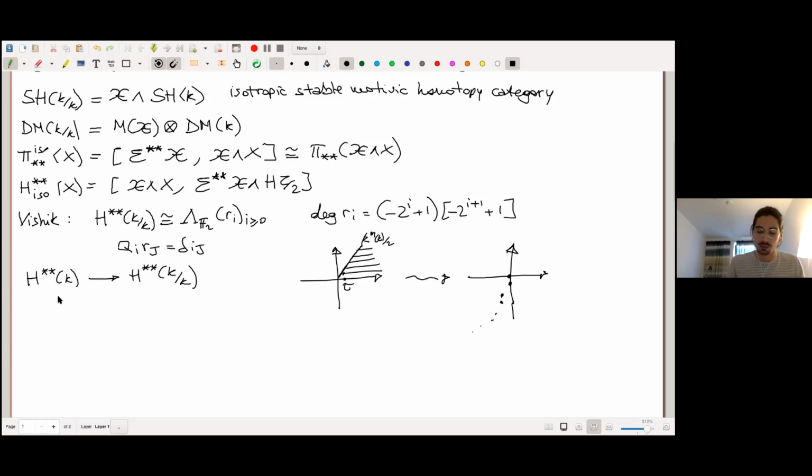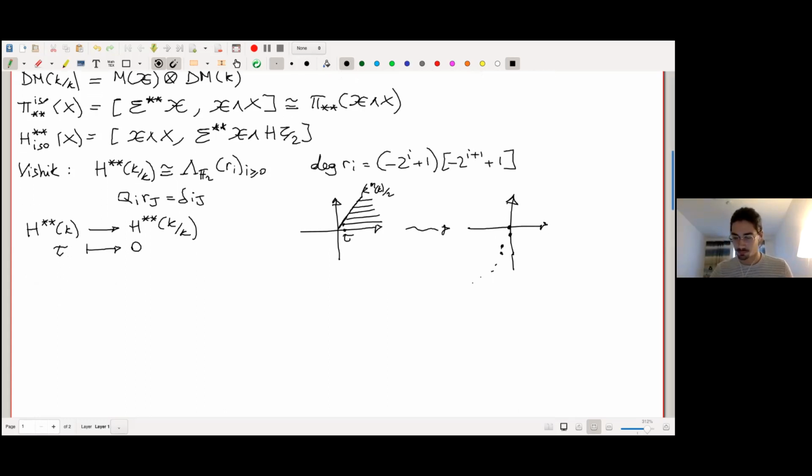So in particular, tau is sent to 0. This isotropic realization looks like a topological realization, but it's sort of perpendicular, because instead of sending tau to 1, it sends tau to 0.